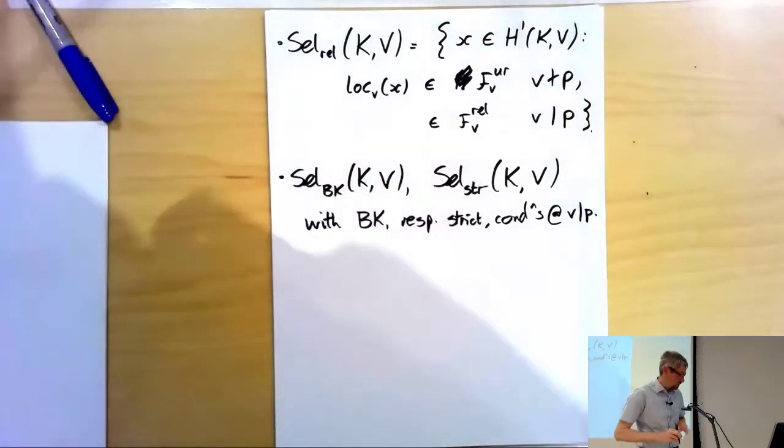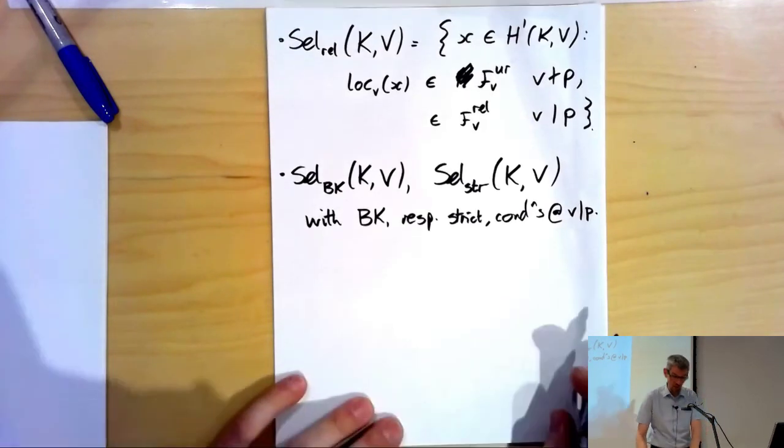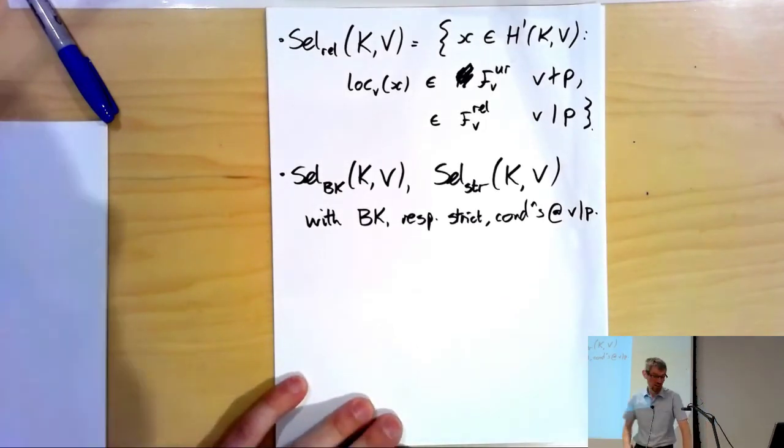So that will become clearer in a moment when I start talking about the key construction of these lectures, the Euler systems. But I'll just give an example of what these look like in the context of Kummer theory.